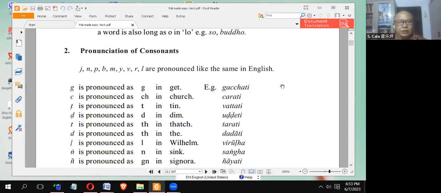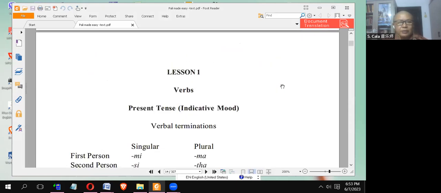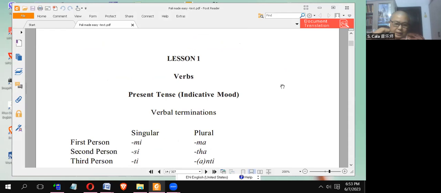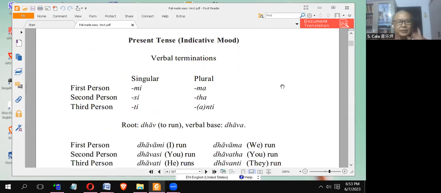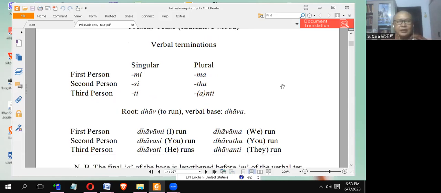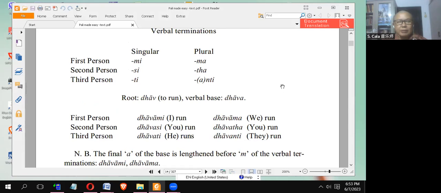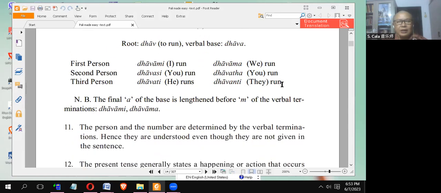Okay, so this is a revision. We start from the first, the present tense: ti, si, ta, ni, ma. You must be able to recite this. If anybody wakes you up and asks you to recite this, you should be able to. Ti, si, ta, ni, ma. Dawati, dawanti, dawasi, dawata, dawami, dawama.